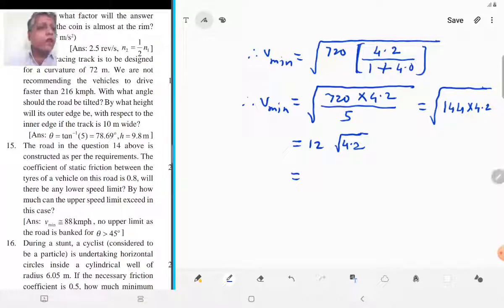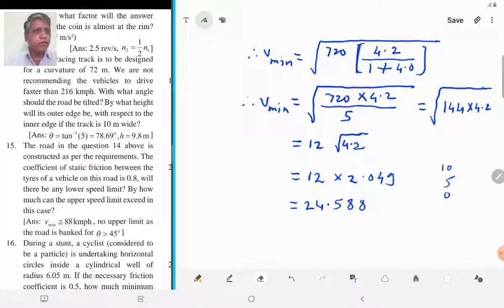Therefore here 12 into 2.049, that is equal to 24.588.